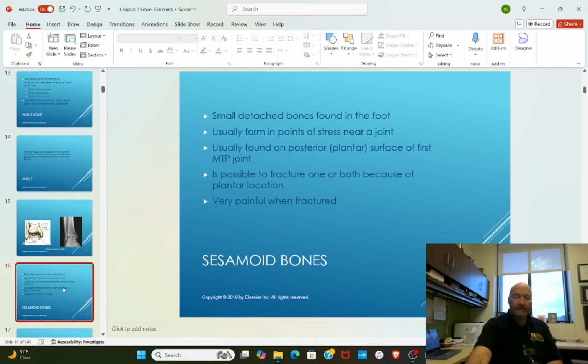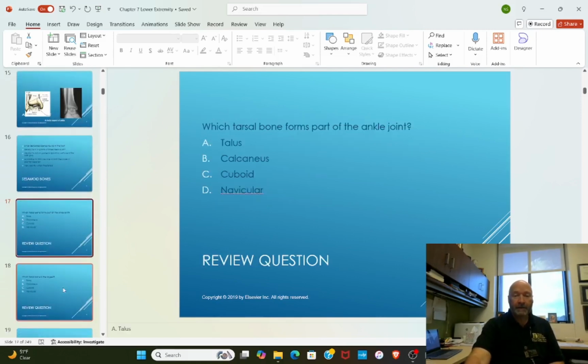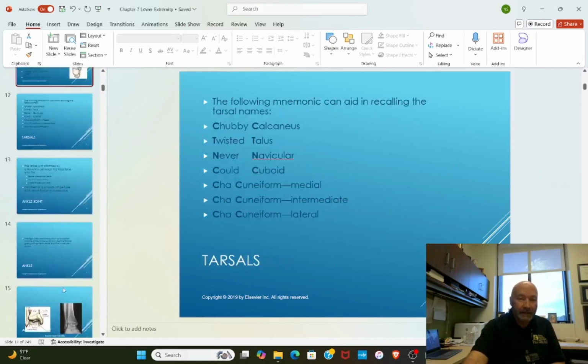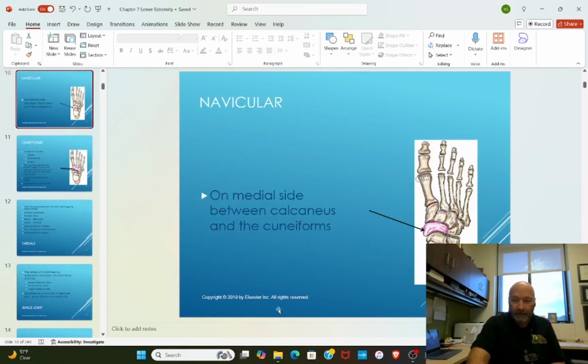We also have sesamoid bones under the first, that's again the great toe, under the first metatarsophalangeal joint, or really under the head of the first metatarsal. So we'll take a look at that. Let me magnify this image a little bit.